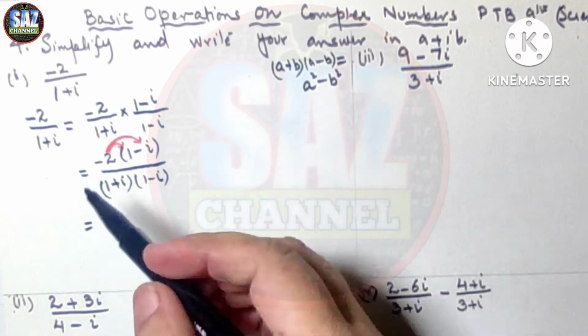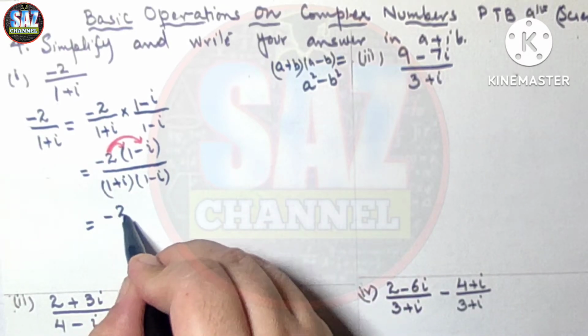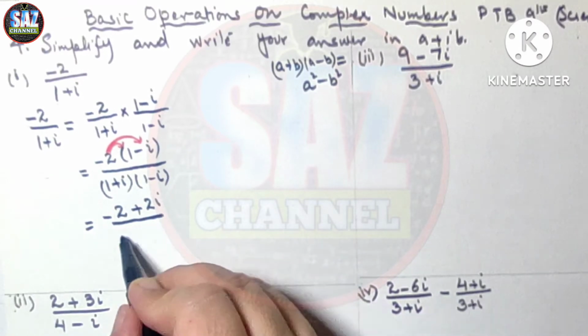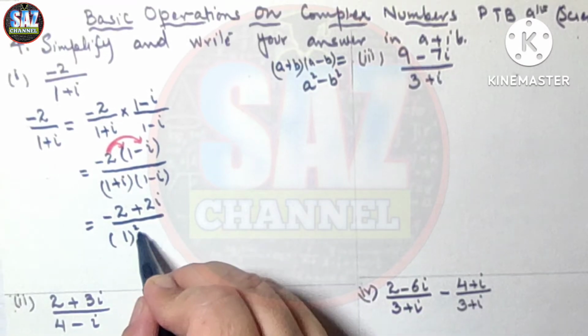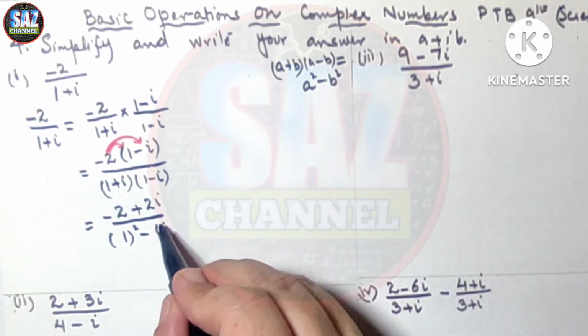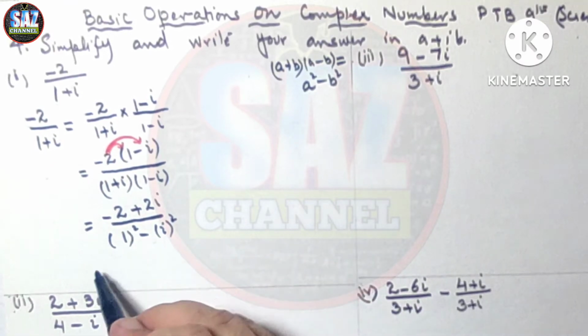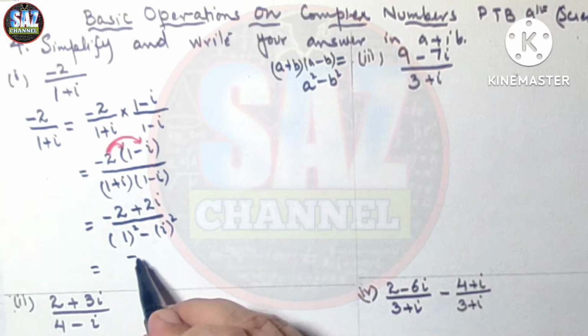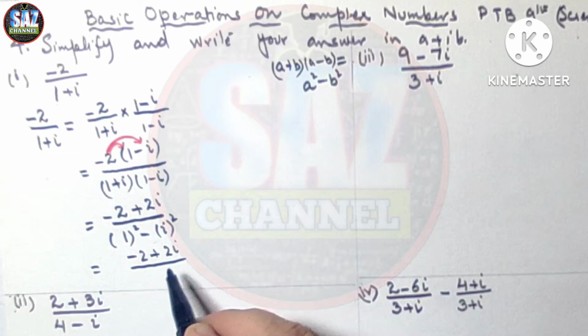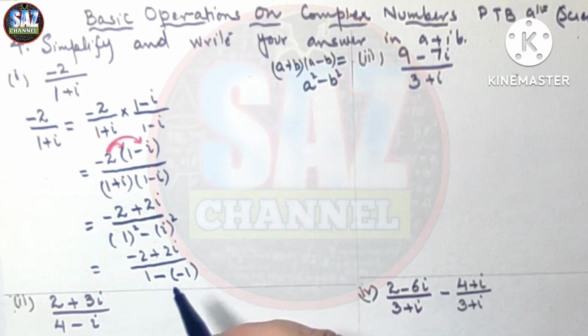So it will become minus 2 plus 2 iota over 1 square minus iota square. So this will become minus 2 plus 2 iota over 1 minus, and iota square is minus 1.